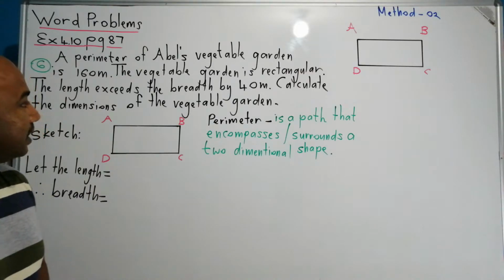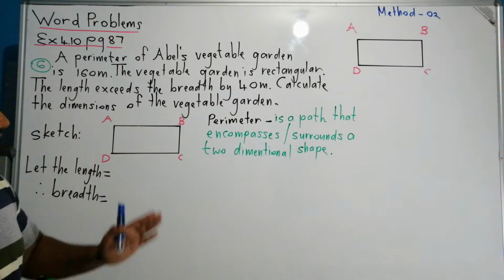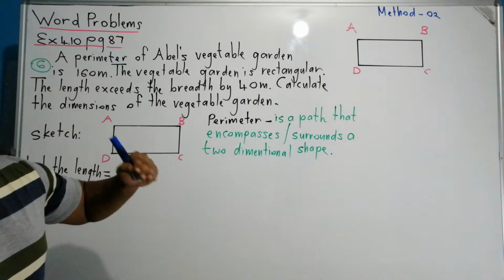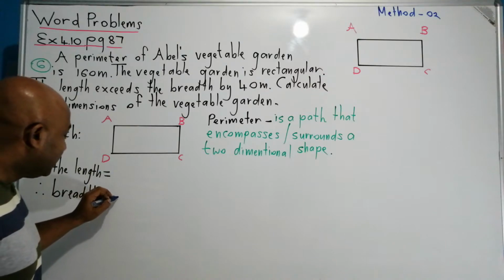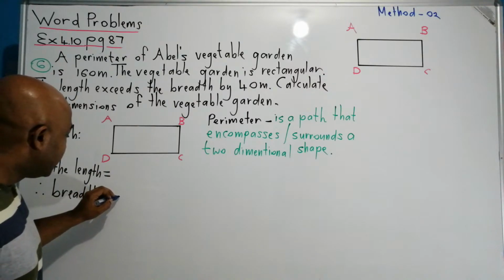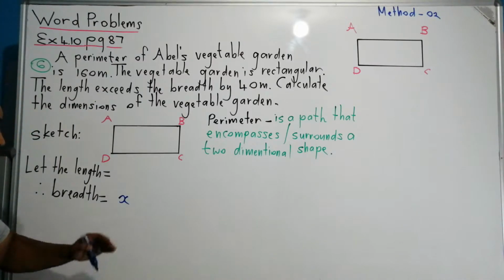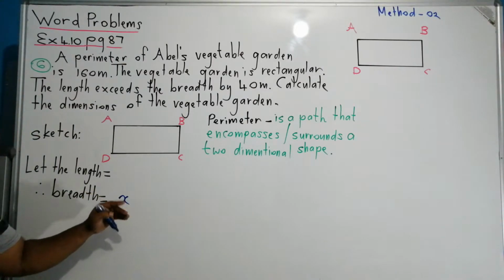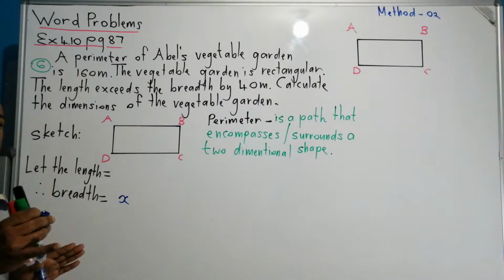Now what do we know? We do not know what the length is, we don't know what the breadth is, but what we know is that the length is 40 meters more than the breadth. So if I assume that the breadth is x meters, let's say the breadth is 20 meters, then the length will be 40 meters more.